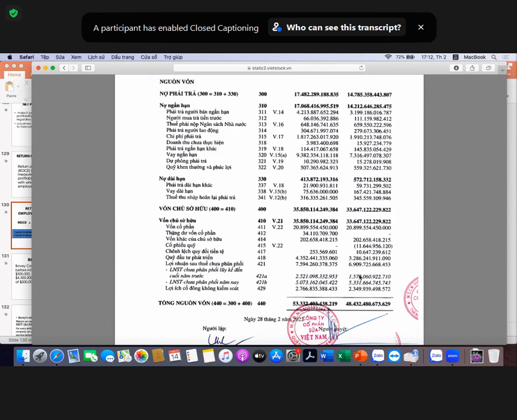So in this case, what does it mean? What does this number mean?